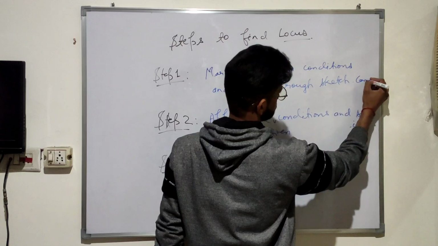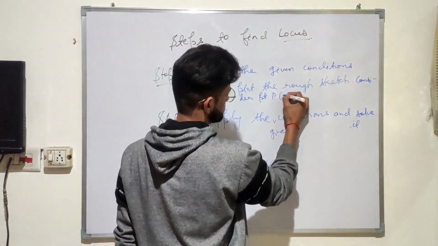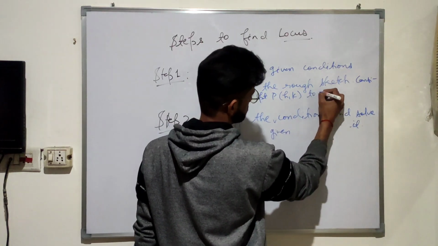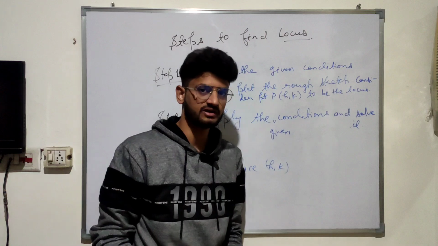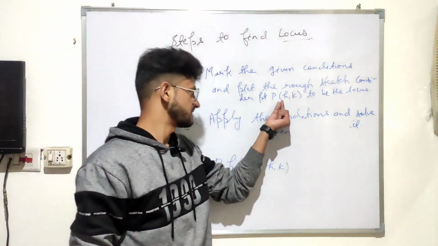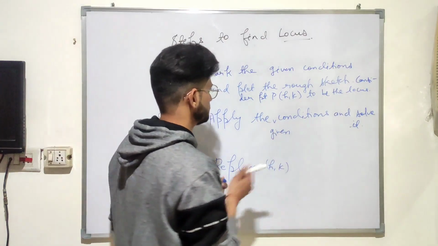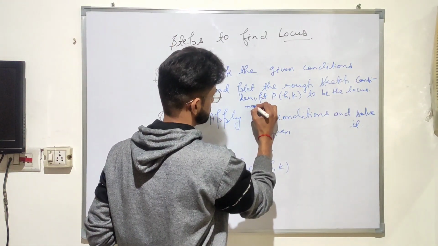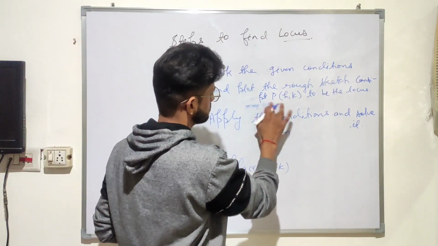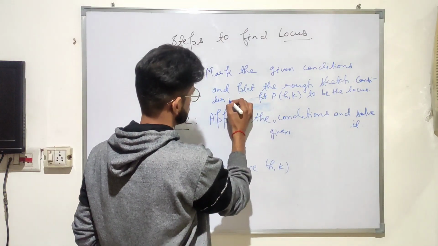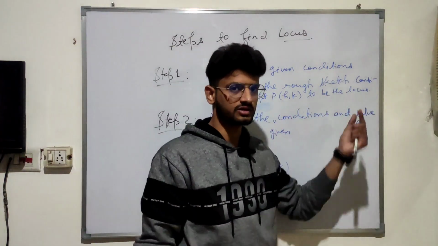Consider point P as h comma k to be the locus. In step 1 only, we will mark the given condition as the moving point being our P, and we will consider the moving point P as h comma k to be the locus.